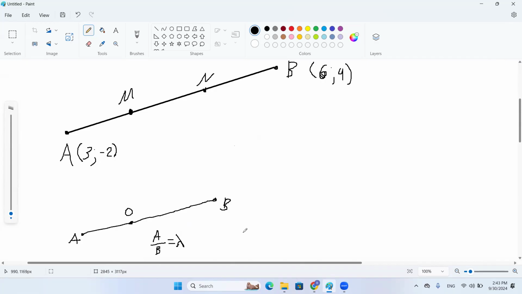And how to calculate? So what we need to do?